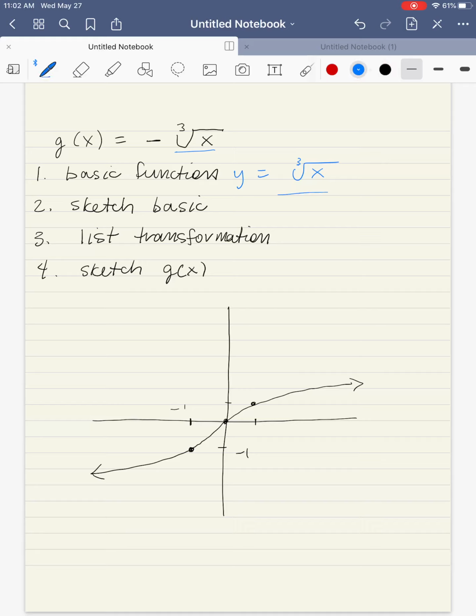And I meant to do that in blue to match the cube root, so I'll just go ahead and draw over it in blue. All right, so that's our basic original function.